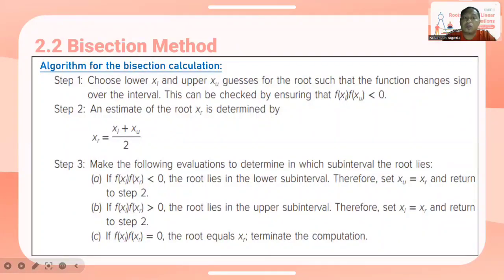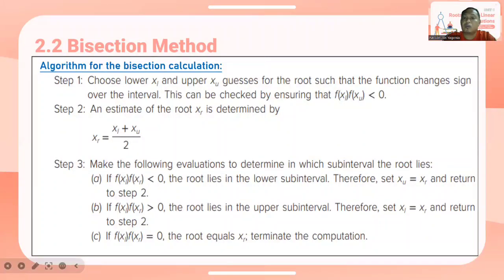So this is the algorithm, the step-by-step process for the calculation using the bisection method. First, we shall choose the lower value of x as x sub L and the upper value as x sub U for the root such that the function changes sign over the interval.